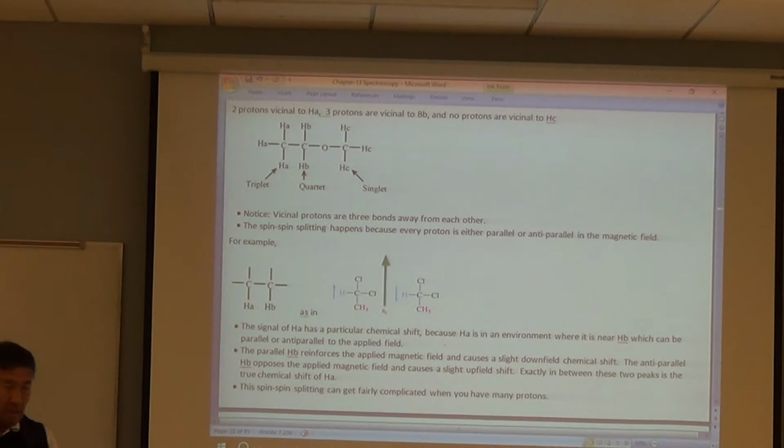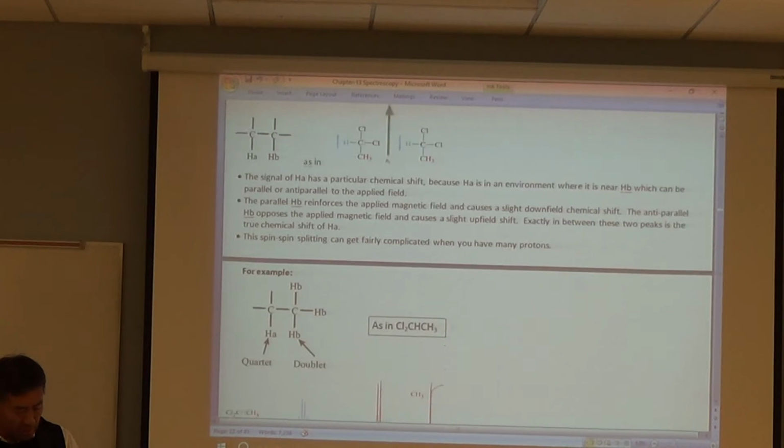Now the n plus 1 rule is because each atom can be parallel or anti-parallel.